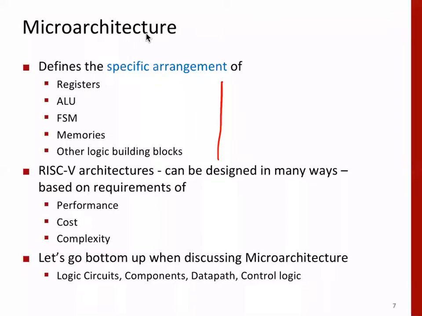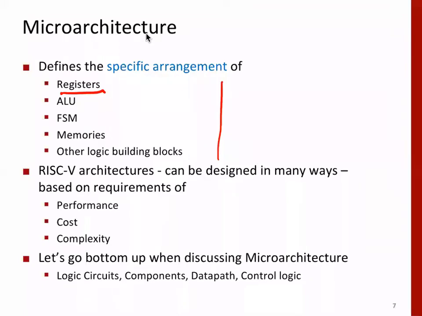See, at the top level, as a programmer, you may know how many registers, but you may not know what the register file is in general, how many ports and all that, right? Okay, and as we discussed earlier, the architecture can vary depending on the requirements or application, right?